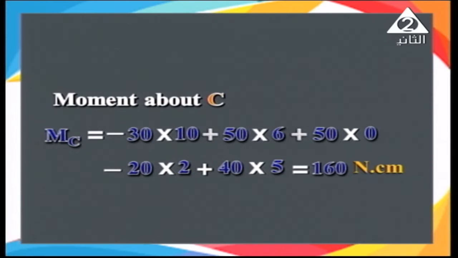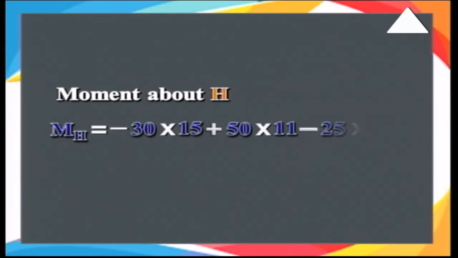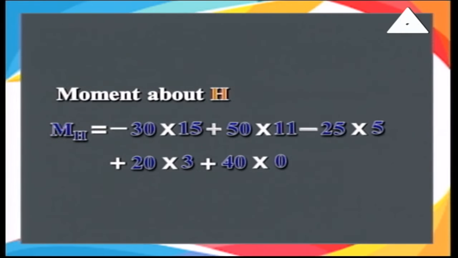Remember, my dear student, moment about a point equals the force multiplied by the perpendicular distance from the point to the force. Moment about H equals negative 30 times 15 plus 50 times 11, negative 25 times 5 plus 20 times 3 plus 40 times 0 equals 35 Newton centimeter.